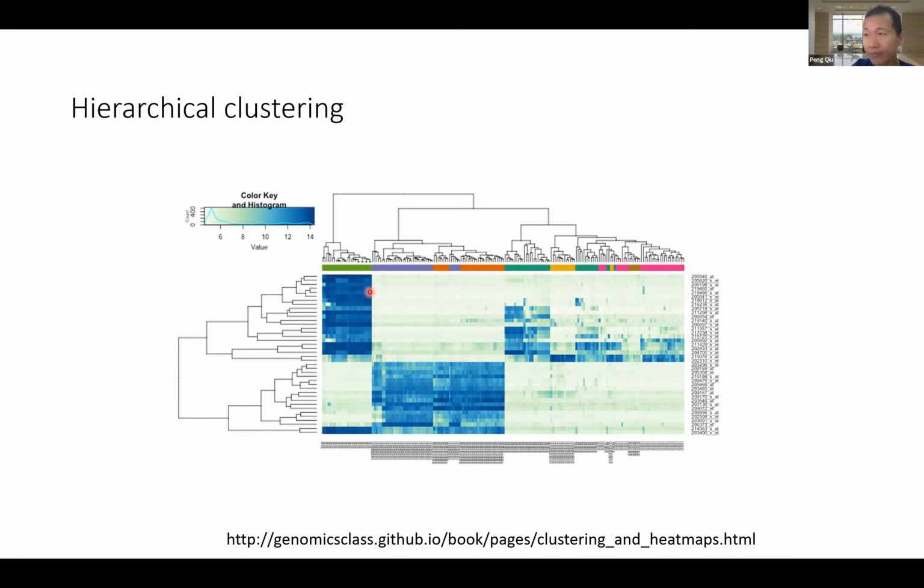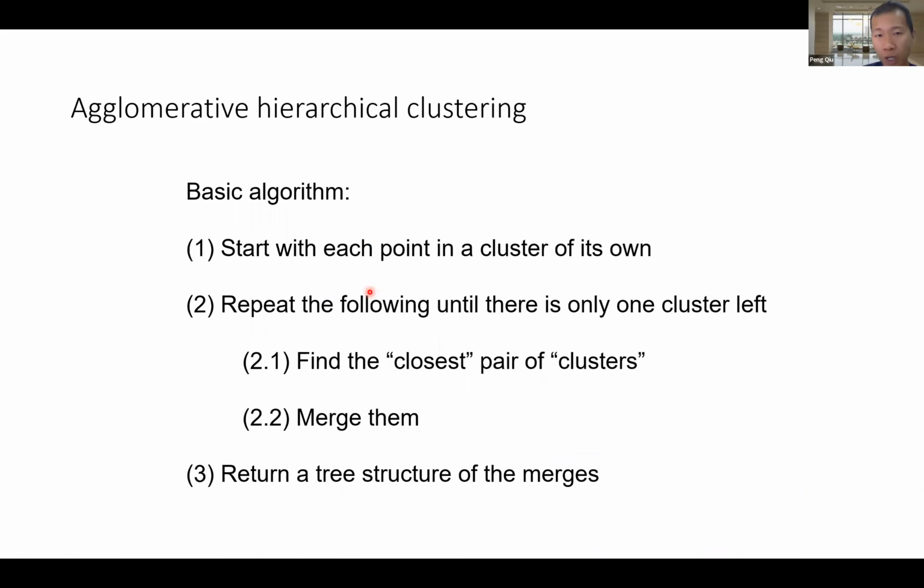Now, very quickly, the algorithm for generating such a hierarchical tree is actually very simple. Let's say we're trying to cluster patients. We start with an initialization where each patient is a cluster by itself, a singleton cluster.